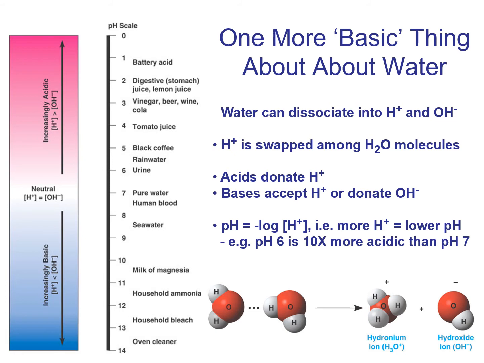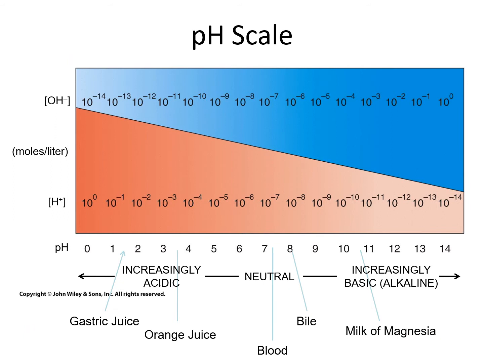They'll change their shape, they'll change their properties. A lot of the times, we don't want that to happen. Sometimes we do. Your stomach has a huge excess of hydrogen protons, and that binds to proteins in the food that you eat, and it unravels them, and it makes them easier to digest. Just a similar representation here.